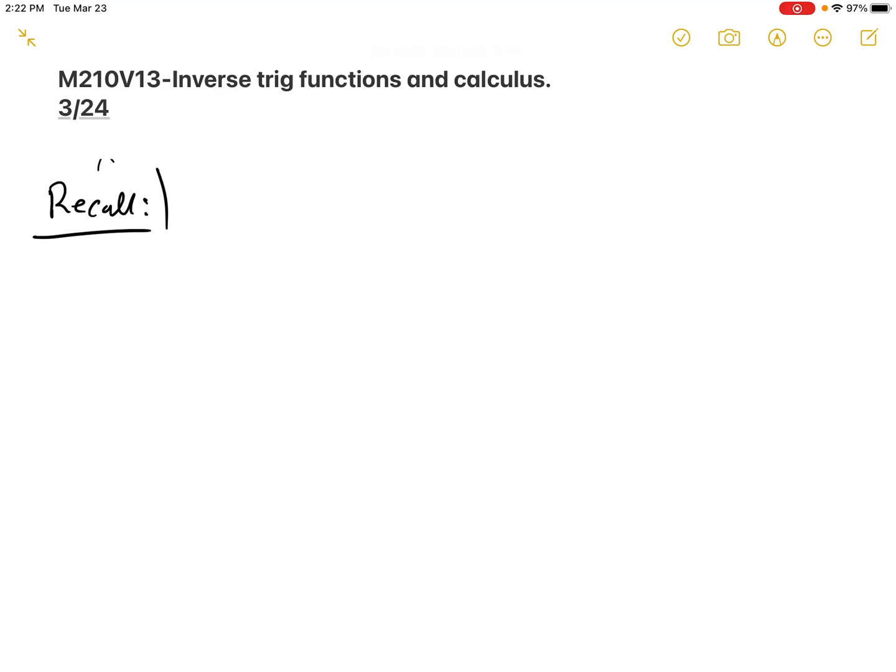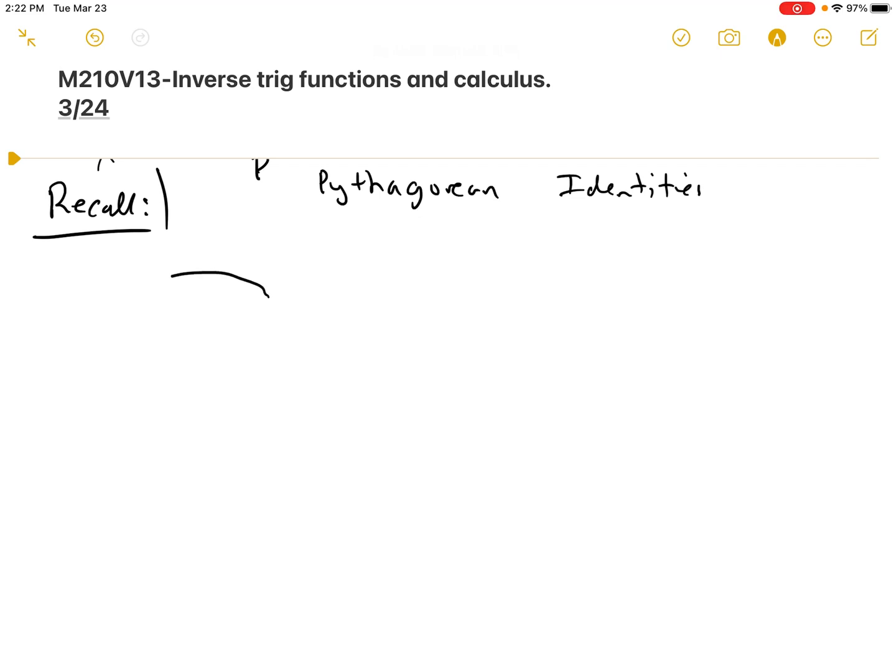So from the past, I'm going to recall what are called the Pythagorean identities. And this really comes from imagining the unit circle.